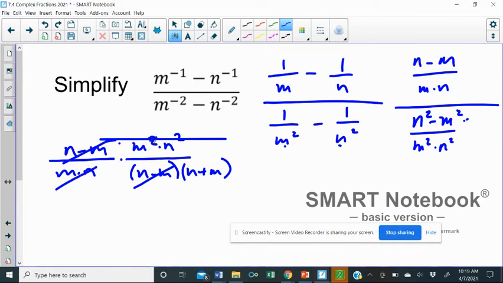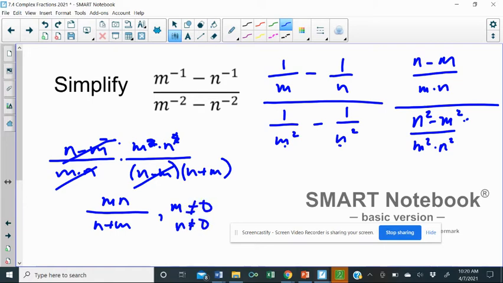Get rid of those, and get rid of those. Get rid of this line that somehow showed up. So the squares go away. So I'm left with M N over N plus M, where M cannot equal 0 and N cannot equal 0.